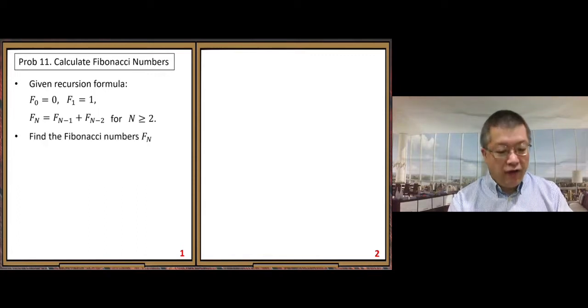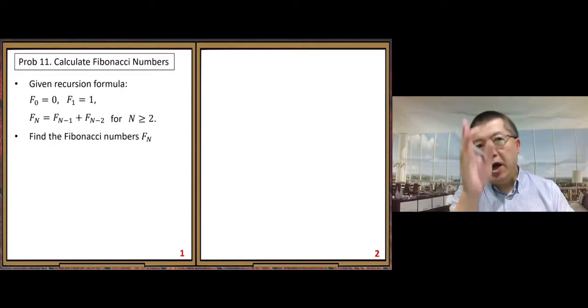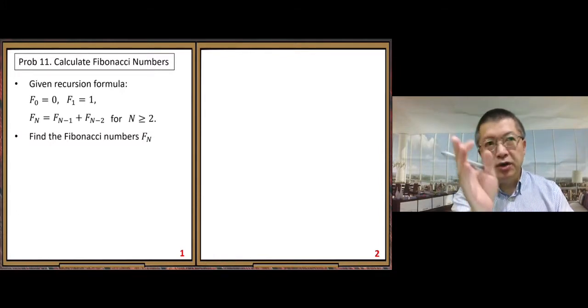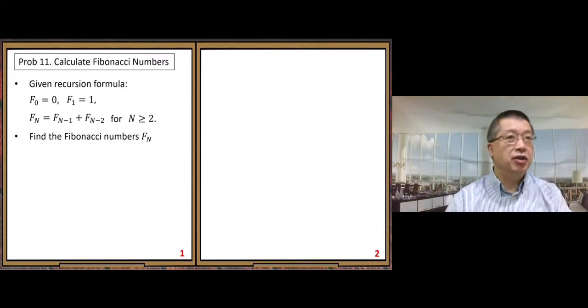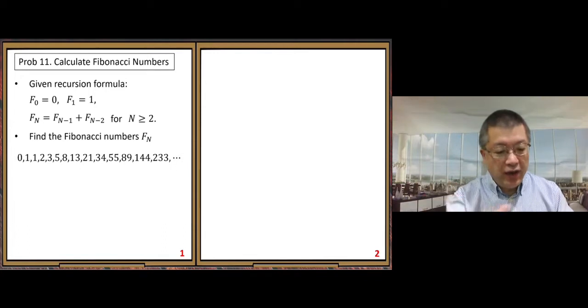Question: find the Fibonacci number Fn for any given positive integer n. That's the problem. Okay? First, if we just do experiments, we can easily get a sequence of Fibonacci numbers.